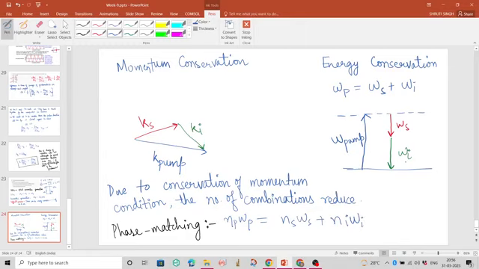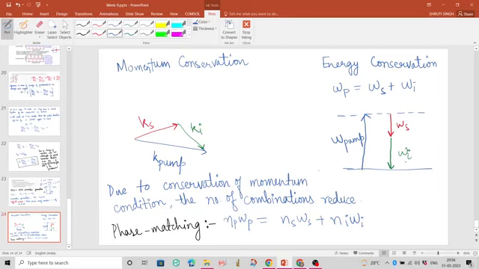This is the phase matching condition here. How do we choose which combination of omega s and omega I will come? This is chosen by changing the refractive indices, ns and ni.